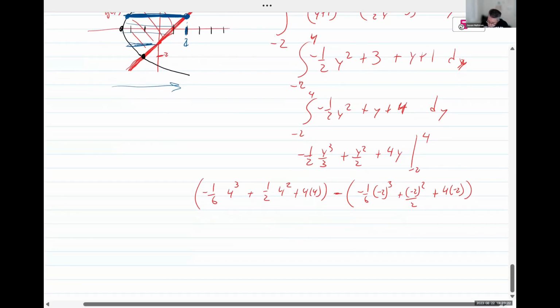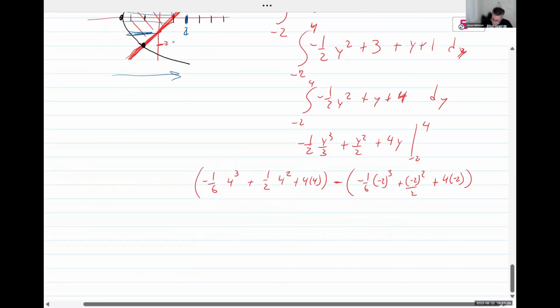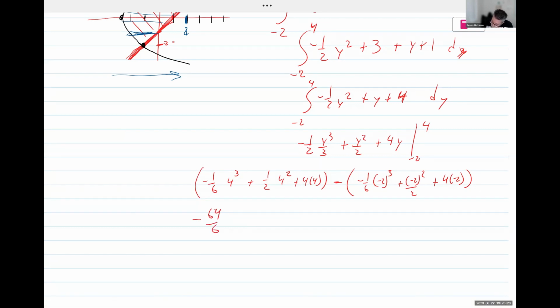So 4 cubed, that's 64 over 6, so this is -64 over 6. 4 squared is 16 divided by 2, that's 8. 4 times 4 is 16.